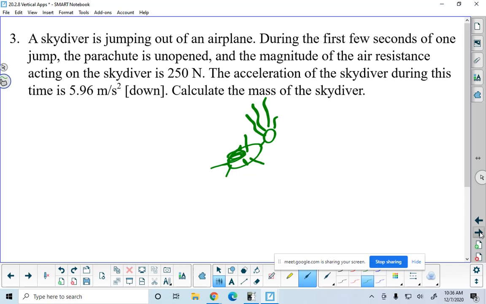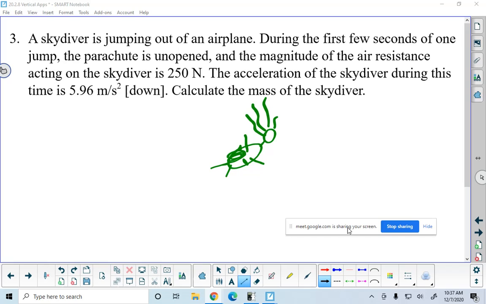If they're accelerating down at 5.96 meters per second squared, that's smaller than the acceleration due to gravity, but there is still a gravitational force pulling them down. So why are they not accelerating at 9.81? Because there is an opposing force, which is the force of friction between them and the air.